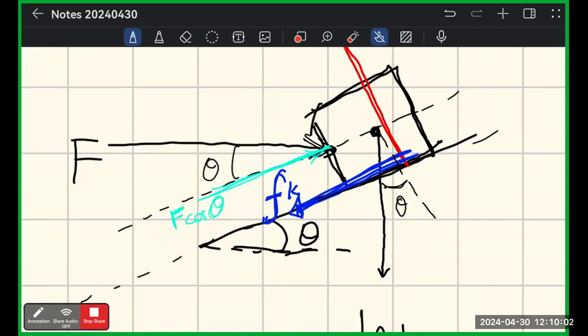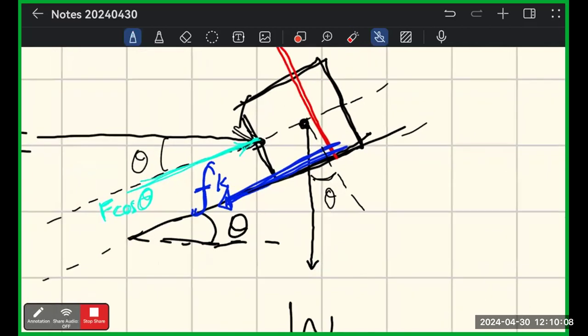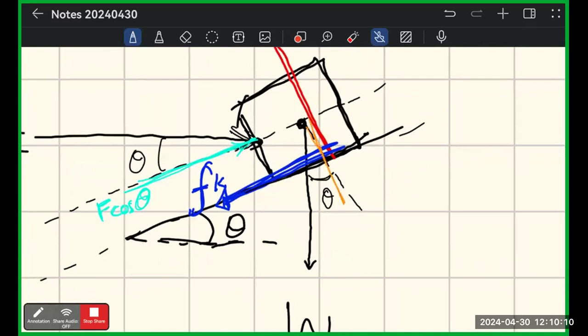The green is not very good looking here because of the background color, but whatever. So the weight on this direction is W sine theta.